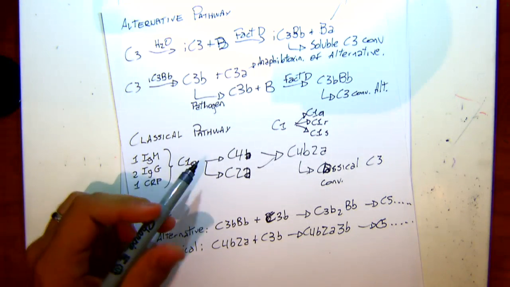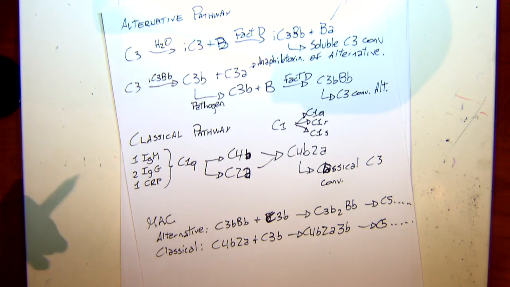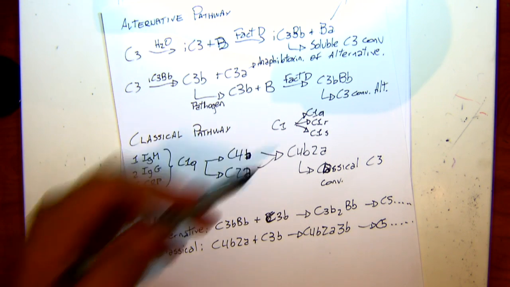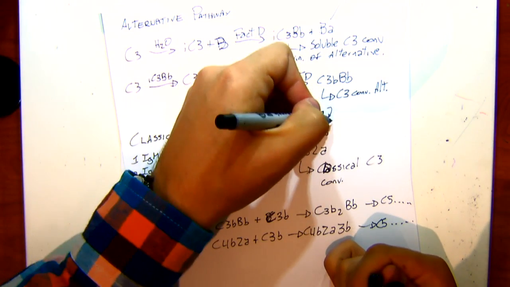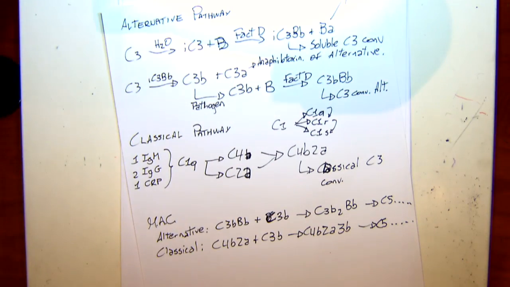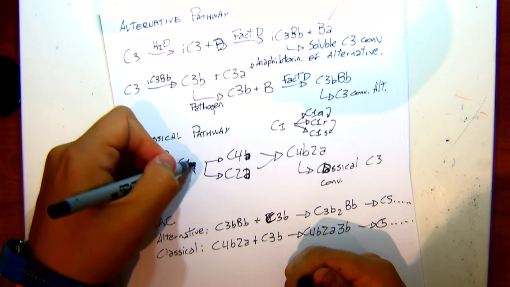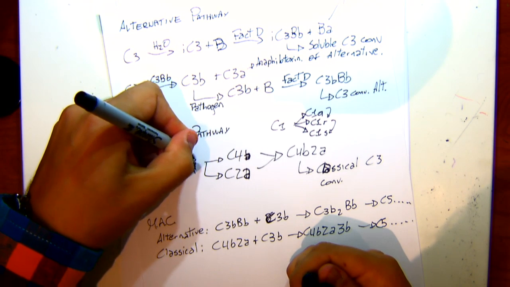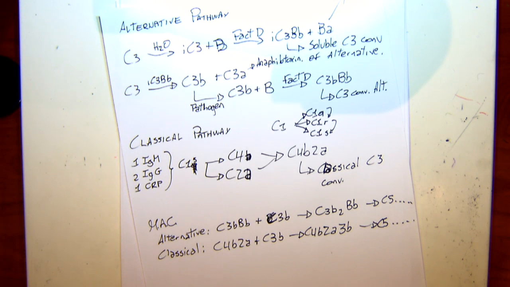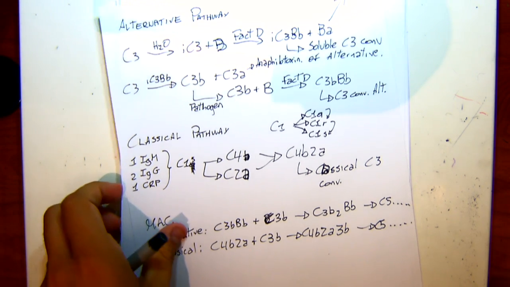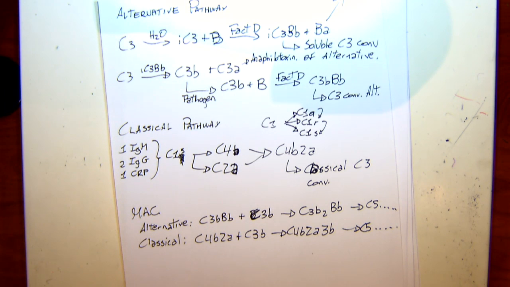C1q, when it binds to the IgM, IgG, or CRP, will activate C1r, and C1r will activate C1s. And C1s is going to be the one who will actually be doing the whole enzymatic activity of cutting stuff. All right? Cool. So which one is the receptor for C3b?